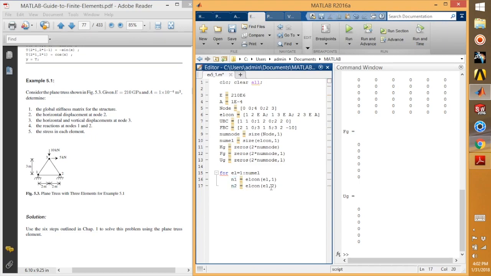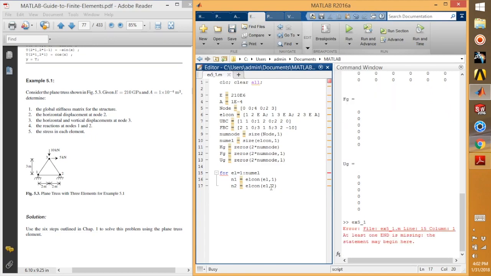n1 n2 is defined. Let's define x1. X1 will be node n1 comma 1. Y1 will be node n1 comma 2.